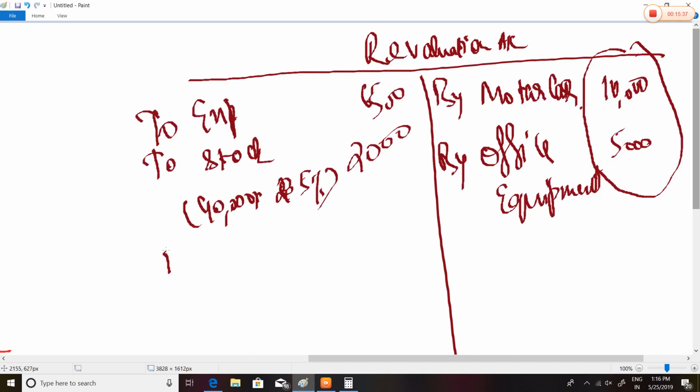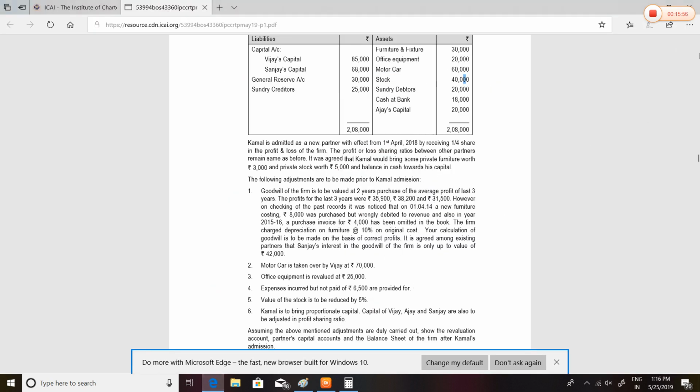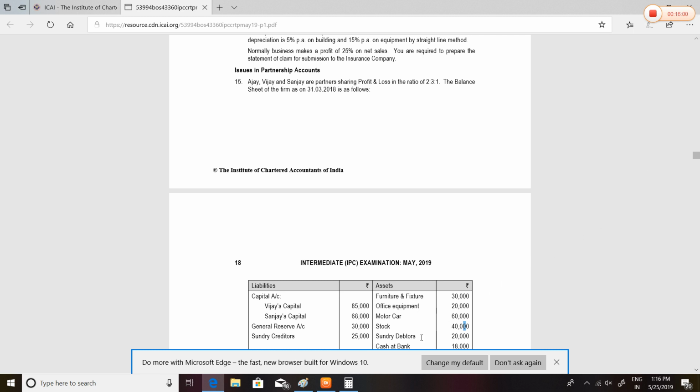Yes, it is a profit here. To profit 2,500 among the old partners in the ratio of 2 is to 3 is to 1, I suppose.